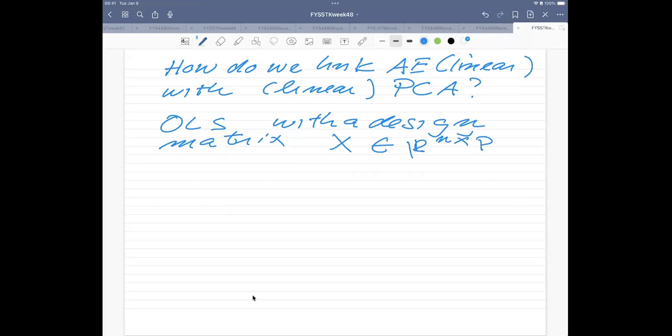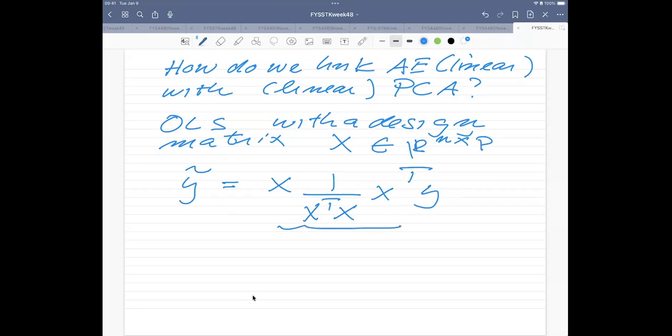What we found in the beginning of the semester is that y tilde was given by X times the inverse of X transpose X, times X transpose, times y. I don't need to repeat how we arrived at that result. This is something which we relabeled as a matrix A, and this matrix A has the property that A squared is equal to A.